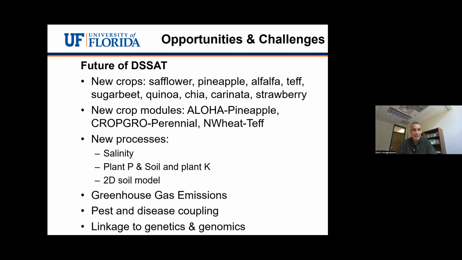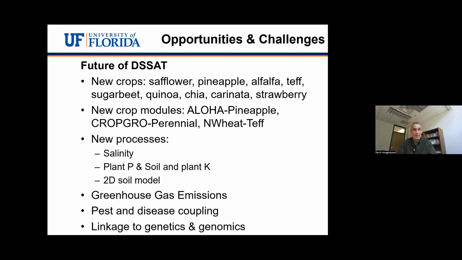As I said earlier, we're also adding new crop modules, for the crop growth perennial model, for perennial forage grasses, something we added recently. We added a new module for teff, based on the N-wheat model, which we refer to as N-wheat teff. And we are working on different processes. So we are looking in-house currently at salinity, looking at plant phosphorus for different crops.